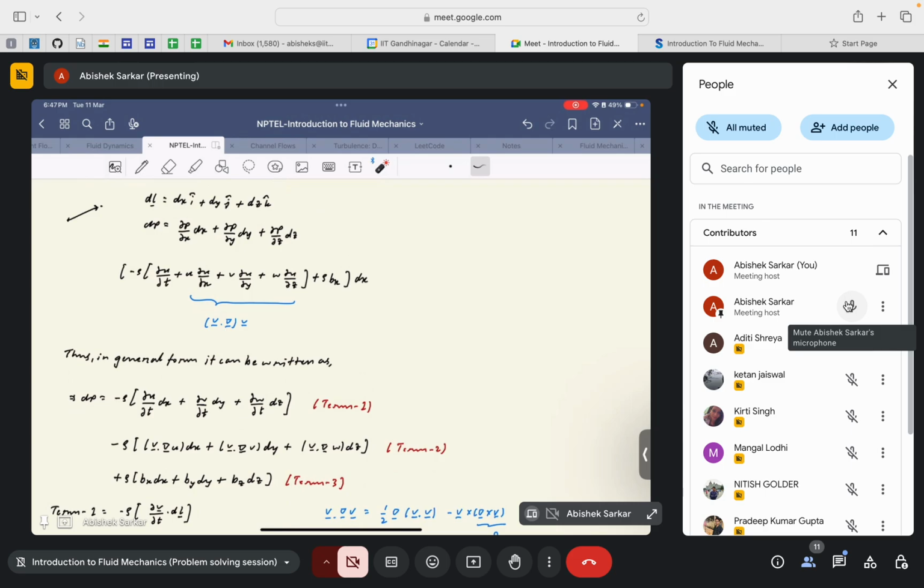Then the second term would be minus rho times (v dot del u dx plus v dot del v dy plus v dot del w dz). And the body force term would be rho times (gx dx plus gy dy plus gz dz), that will be term 3.